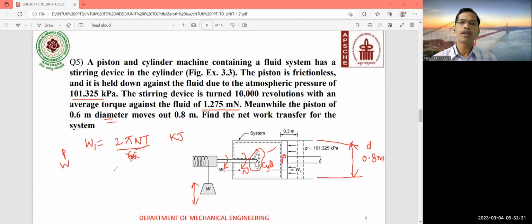So you have to apply 2 pi NT. What is the number of revolutions? It is 10,000. And the torque is 1.275. So you will get the work W1, that is the work done by the stirring device upon the system. First thing is the work onto the system. For this case the work is 80 kilojoules.